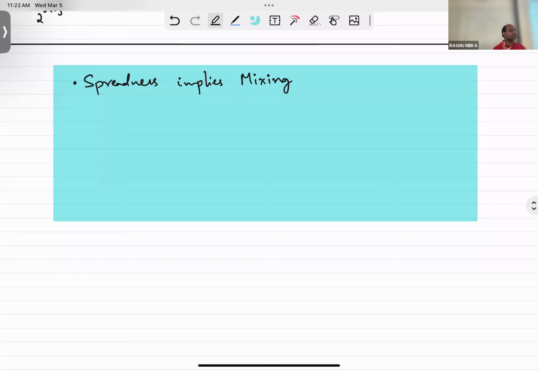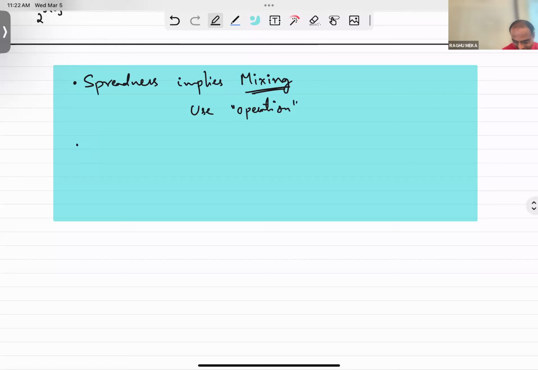So the main takeaway from spreadness implies mixing is you have this additional power, either in the problem or somewhere else, to exploit the mixing operation. You don't need to show that A itself is close to uniform, but you need to show that A convolved with itself is close to uniform. Okay, so that was critical.